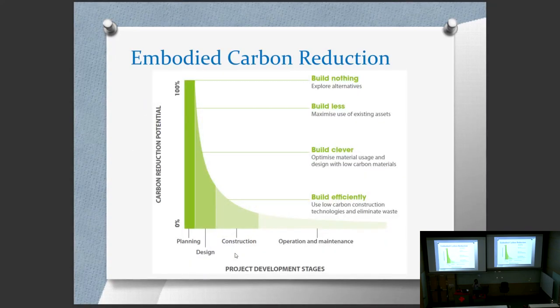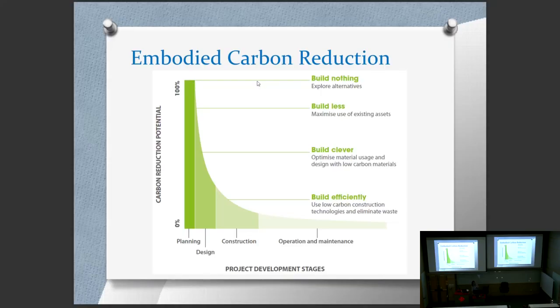And this is a figure. On the y-axis, this is the carbon reduction potential. In the planning stage, early in the design stage, the potential is very high, because nothing is confirmed.